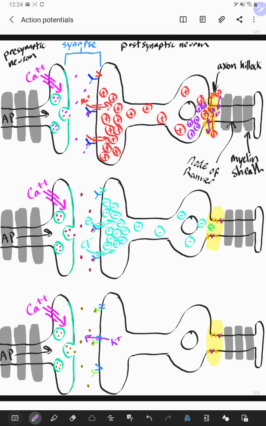So as soon as these ligand-gated potassium channels open, potassium is going to seize the opportunity and leave the cell. We have a whole bunch of potassium ions all here, and we've got so many of them because there's a high concentration of potassium inside of the cell.